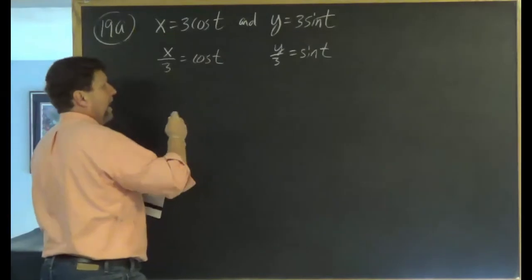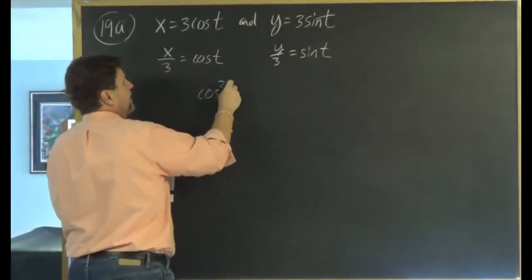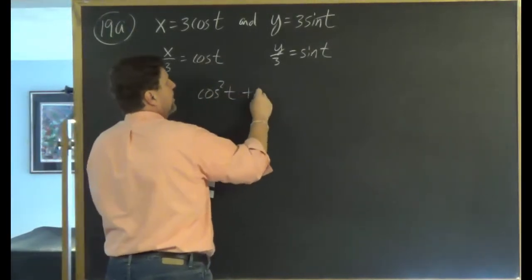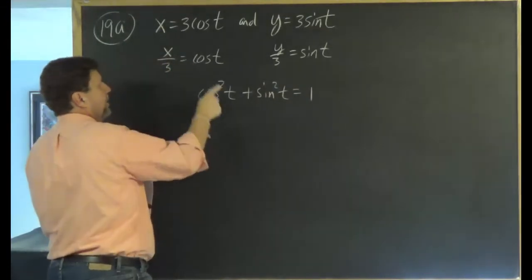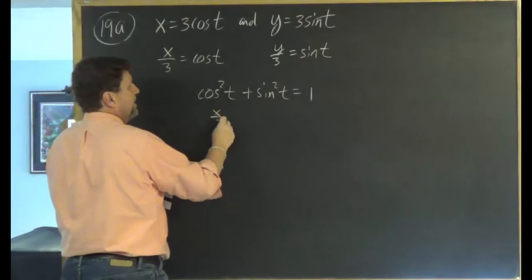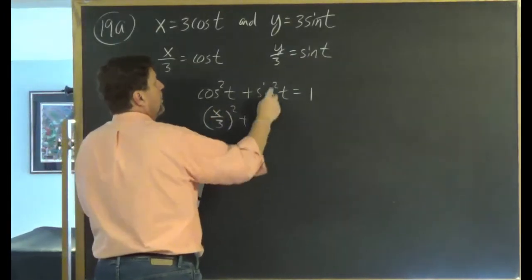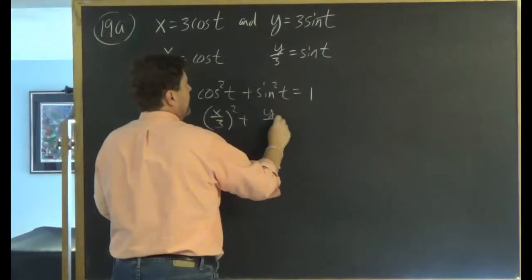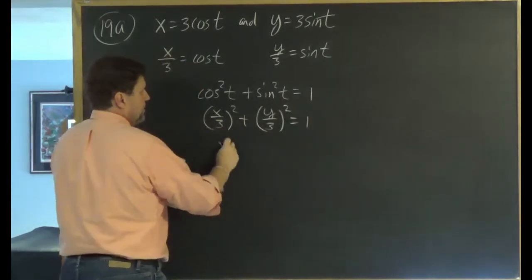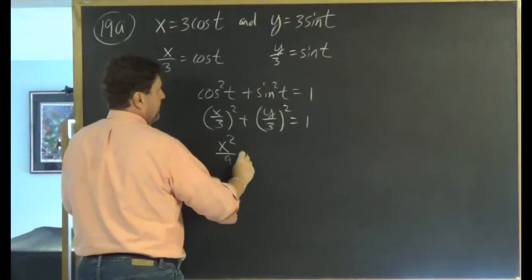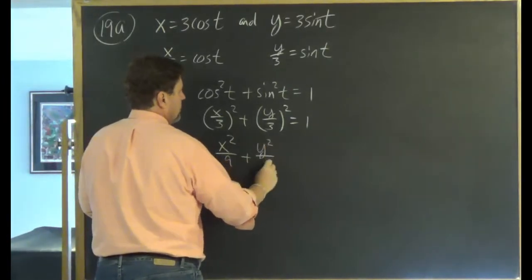You said, hey, I know a Pythagorean identity. Cosine squared t plus sine squared t equals 1. So you put x over 3 in for the cosine t, y over 3 in for the sine t. And this is just x squared over 9 and this is y squared over 9.